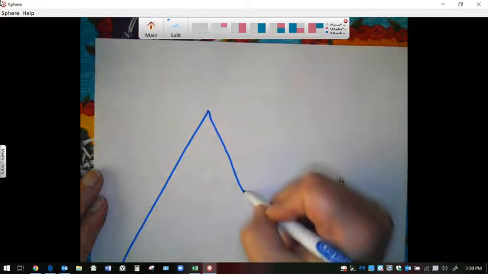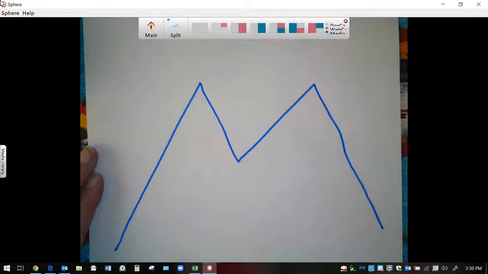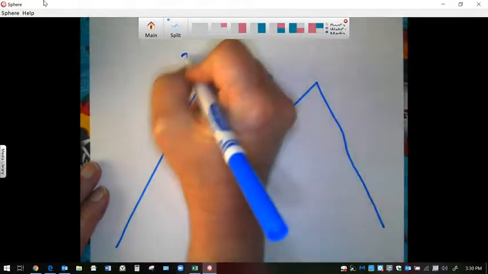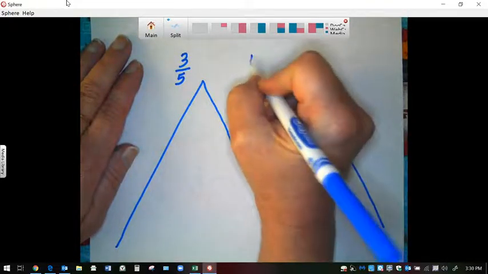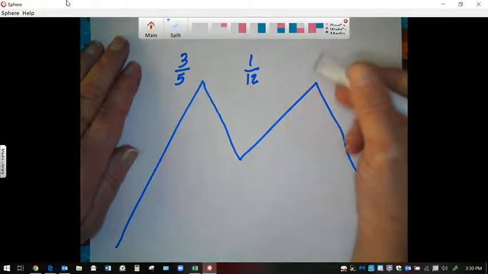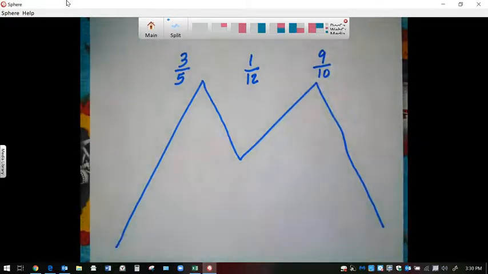So we're going to use the M strategy again, but this time we're going to use it a little bit differently. Because I have three fractions, 3/5, 1/12 in the middle, and 9/10, those are the three that I will be working with.